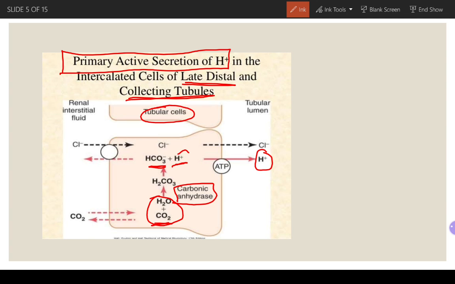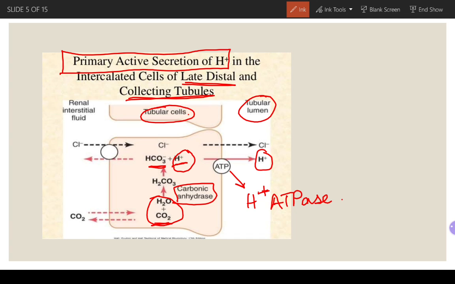So now this H plus that's present in the tubular cells, through a H plus ATPase, goes into the tubular lumen. So this is how the H plus is secreted from the tubular cells into the lumen.